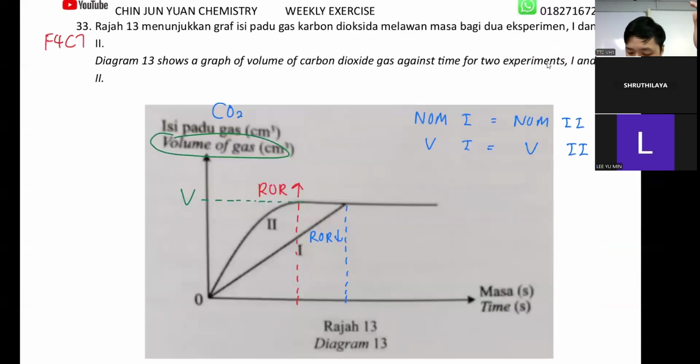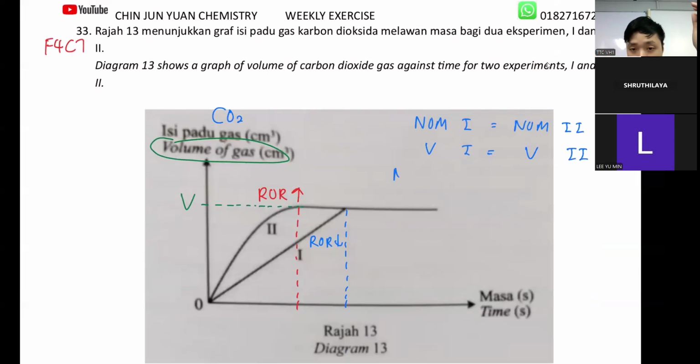So let's say I want to find the number of moles of HCl in the first experiment. It is MV over 1000.